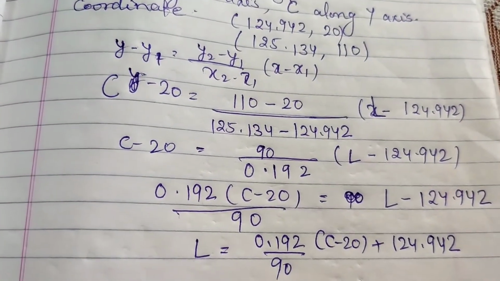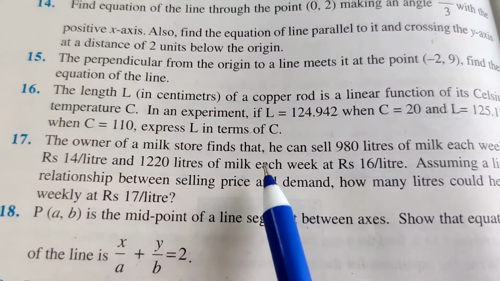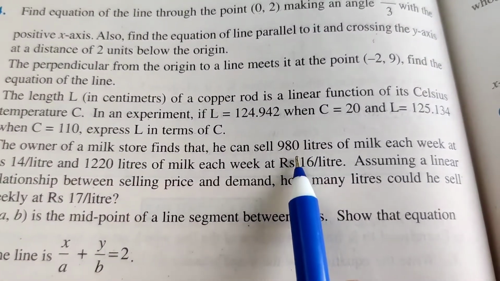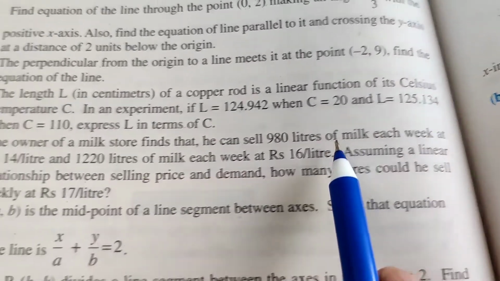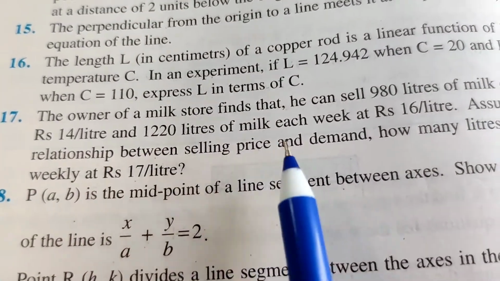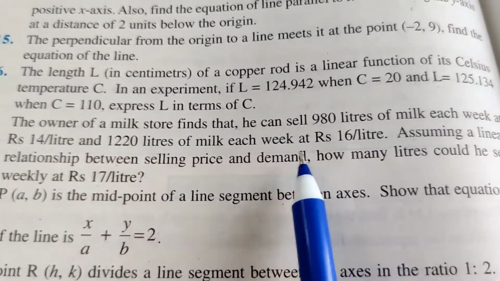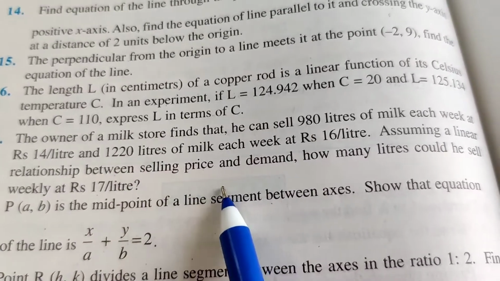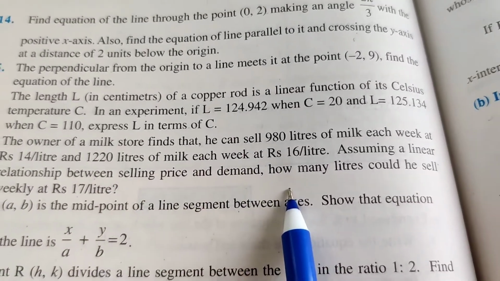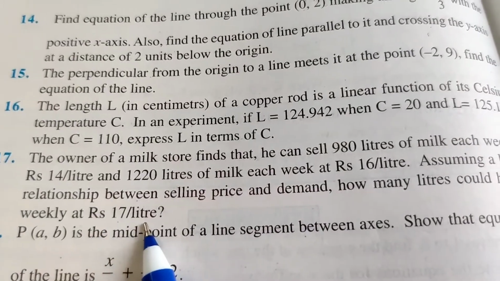Next question. The owner of a milk store finds that he can sell 980 liters of milk each week at rupees 14 per liter, and 1220 liters of milk each week at rupees 16 per liter. Assuming a linear relationship between selling price and demand, how many liters could he sell weekly at the rate of 17 per liter?